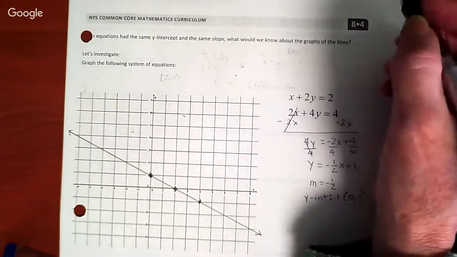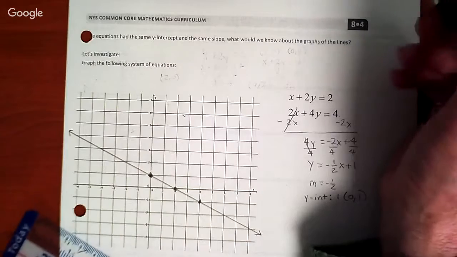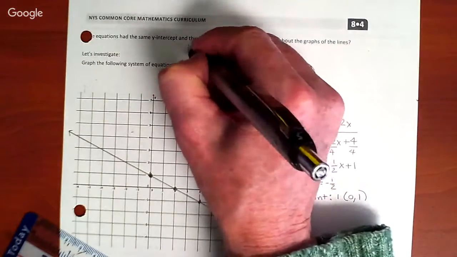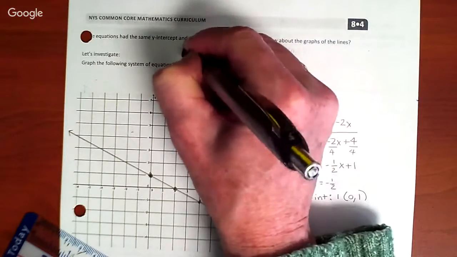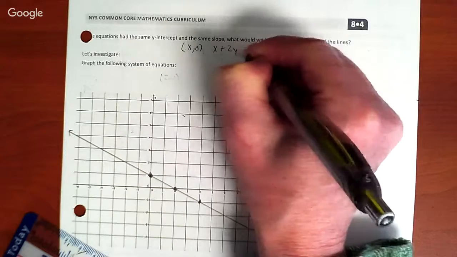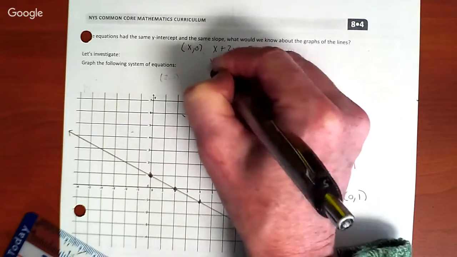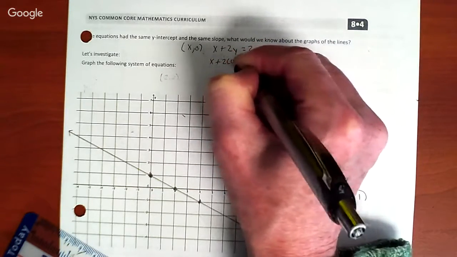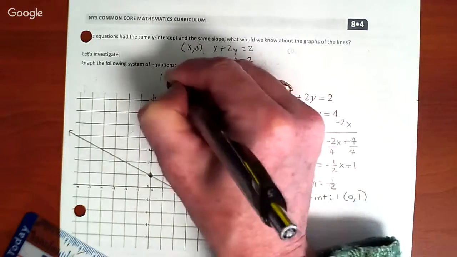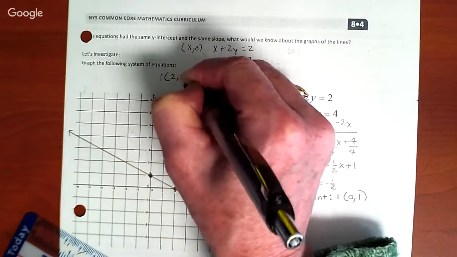So now, Mrs. Smythe is losing her mind. The x one is right. So we've got x comma 0. Okay, so x plus 2y equals 2. So x plus 2 times 0 equals 2. So x equals 2. So we've got 2 comma 0.